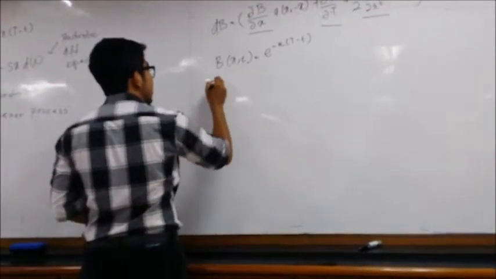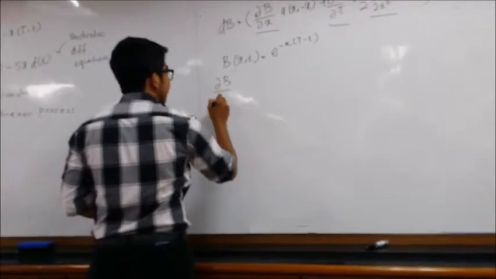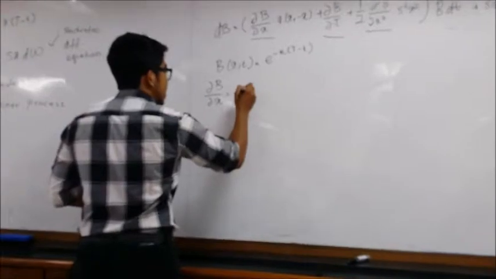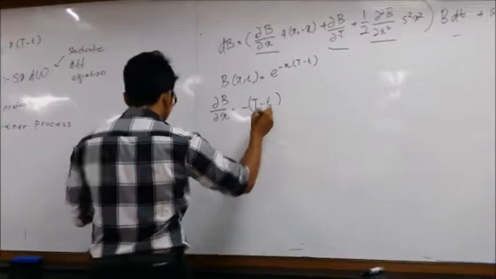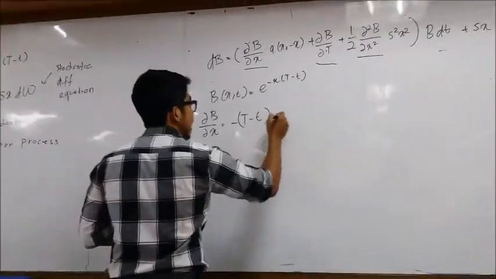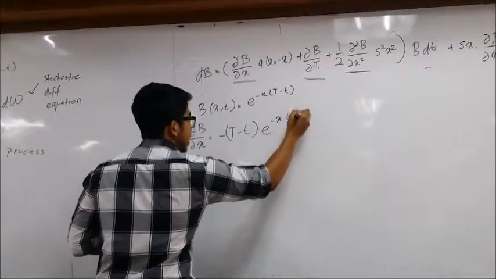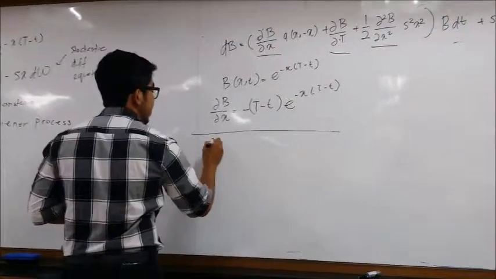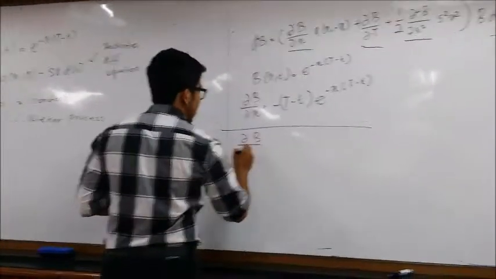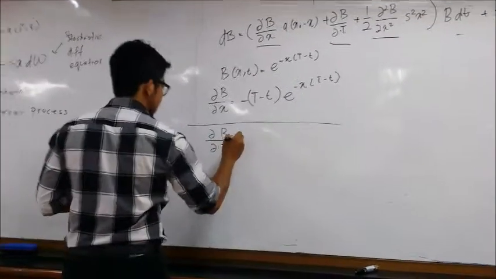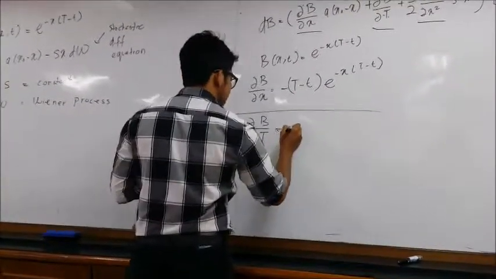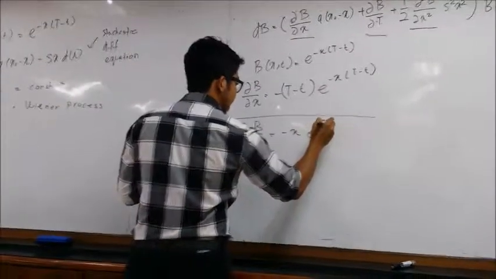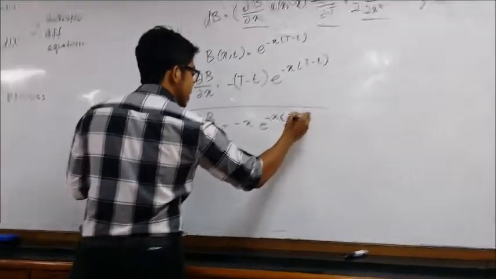We have the derivative of B in terms of x, which is negative (capital T minus t) times e to the negative x (capital T minus t). Secondly, we find the derivative of B in terms of t, which becomes x times e to the negative x (capital T minus t).